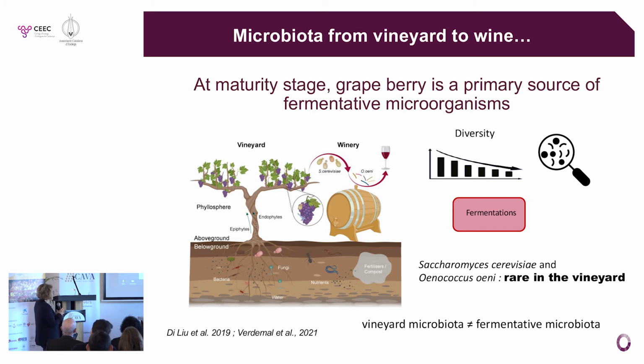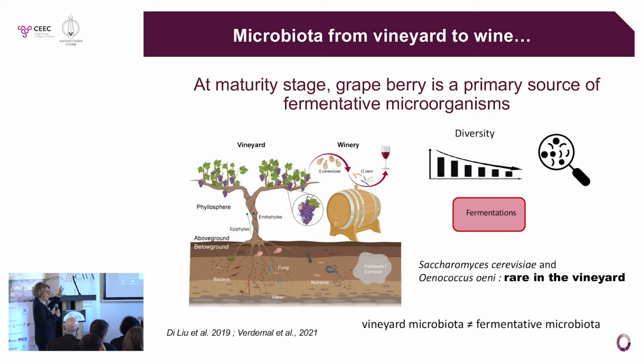I didn't mention before, but something very important to understand is that Saccharomyces cerevisiae and Oenococcus oeni are quite rare in the vineyard. If you want to collect Saccharomyces cerevisiae in the vineyard, for example at the grape berry surface, you should use enrichment procedures to be able to isolate some colonies. So both fermentative species are quite rare in the vineyard.